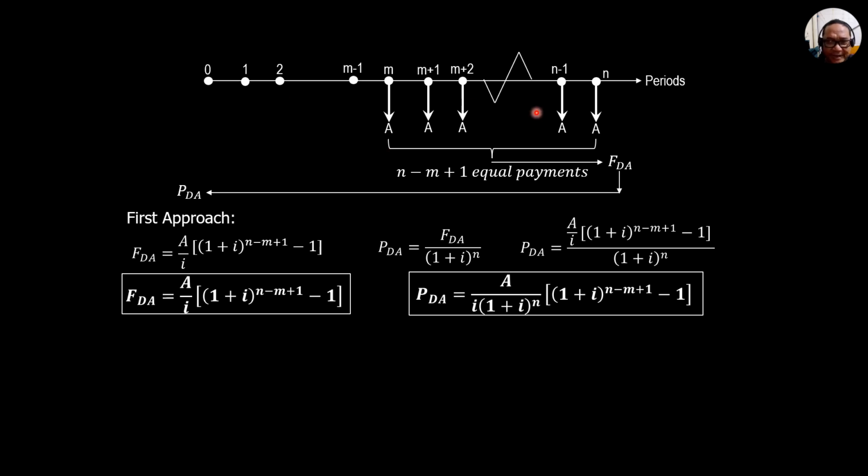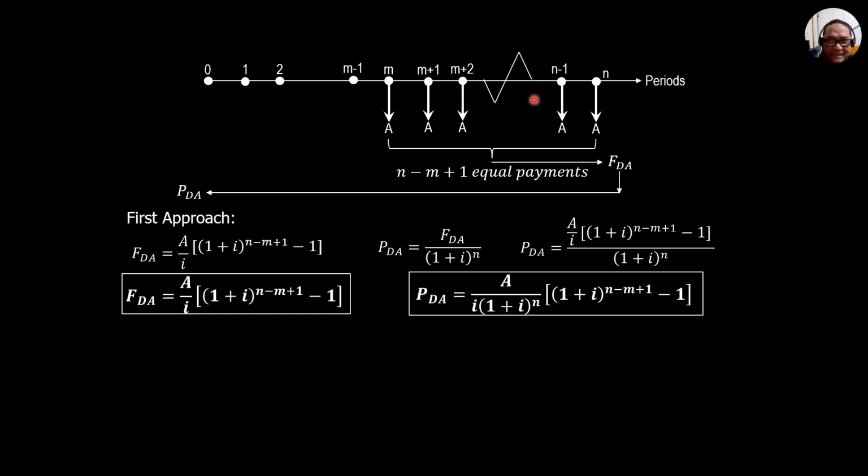Draw the cash flow diagram, then all you have to do is remember future worth of ordinary annuity and future worth of single payment. Then the present worth will be divided by 1 plus i raised to the power.